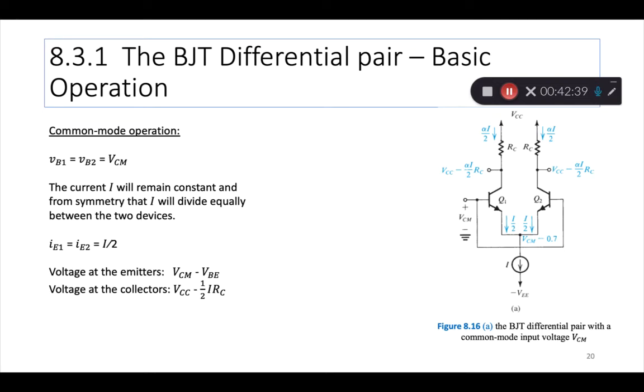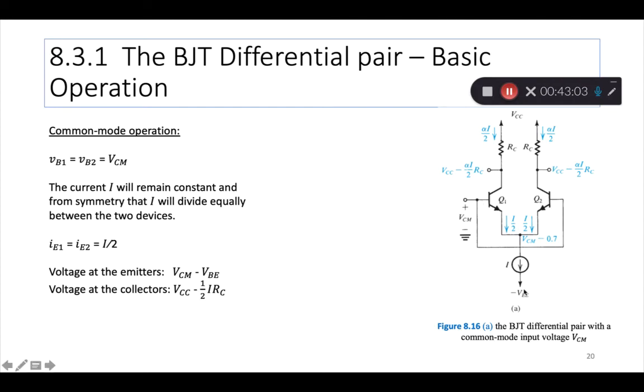Okay, so again, as we study the BJT pair, the first mode of operation is common mode. Similar to what we saw for MOSFETs, we take the two input terminals, which in this case are the base terminals.